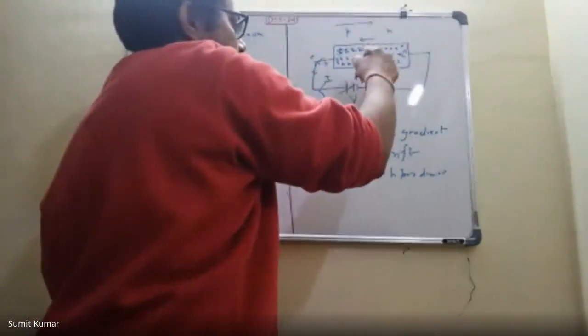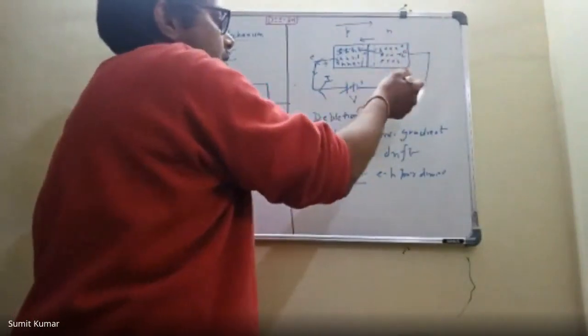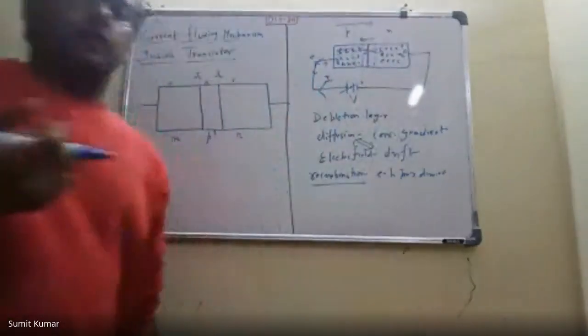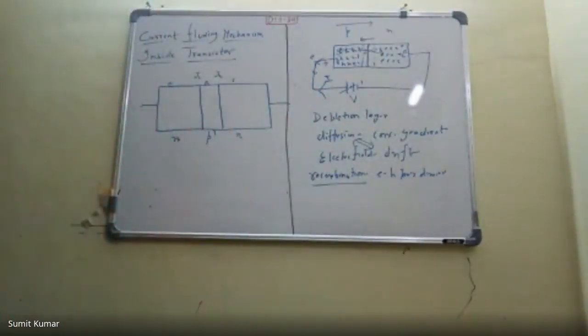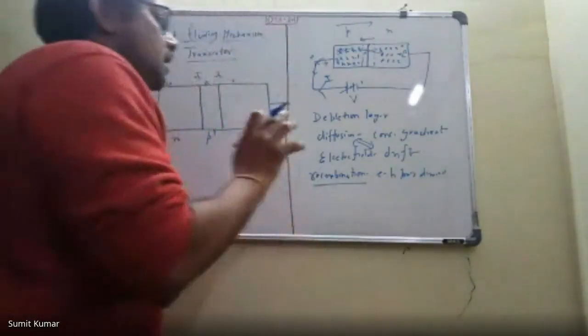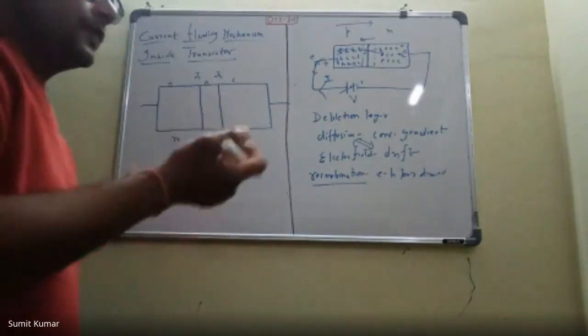We have not switched off the battery. If we are not connecting the battery, there will be no current in the PN junction, we know that. And if we connect the battery, then definitely there will be some current. So this was the current flowing mechanism inside the PN junction when it was forward biased.